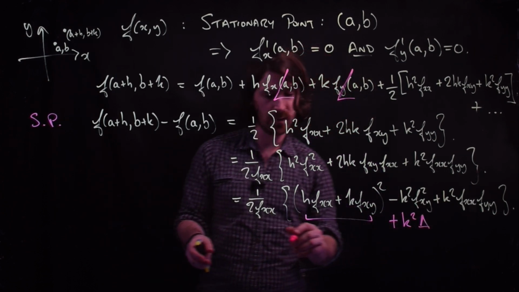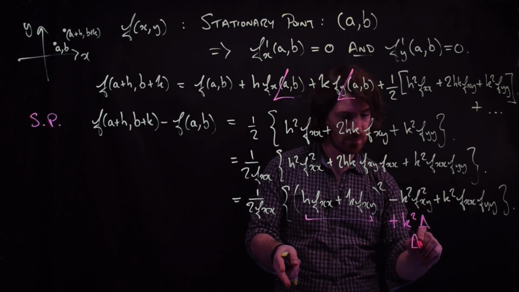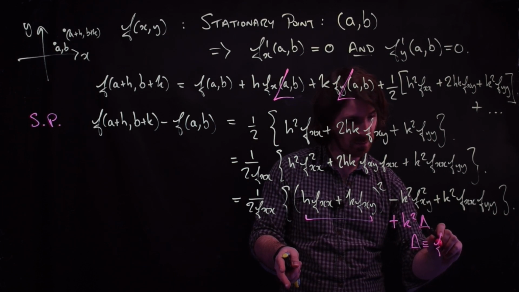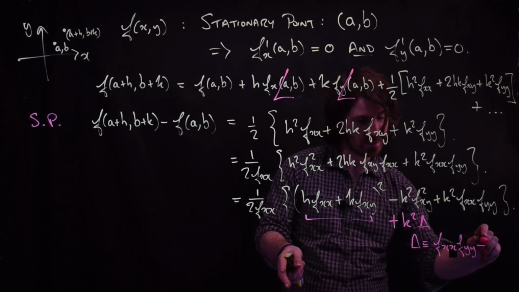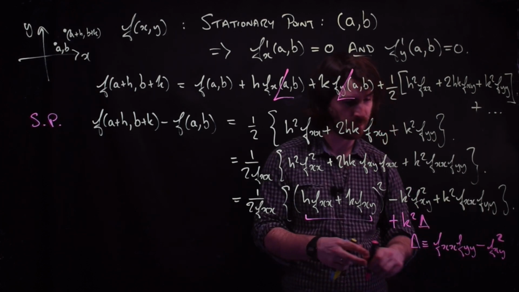And here delta is defined by f_xx f_yy minus f_xy squared.